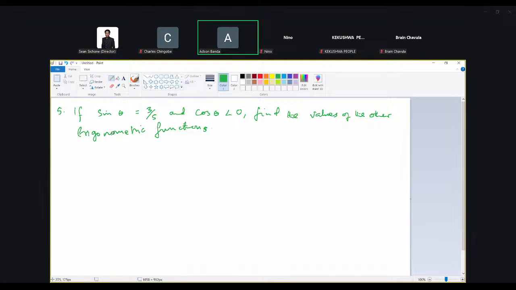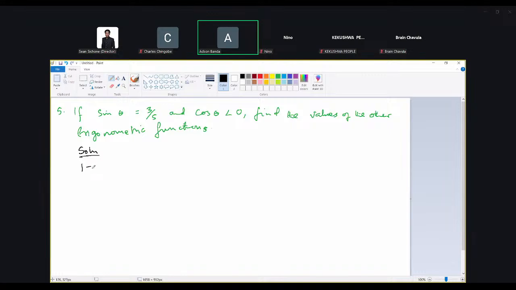Now, there are different ways in which you can solve this. So you'll find those ways later. But I will show you how to go about this using the identity. So let's use the first identity.